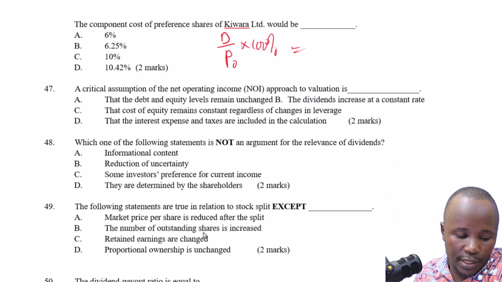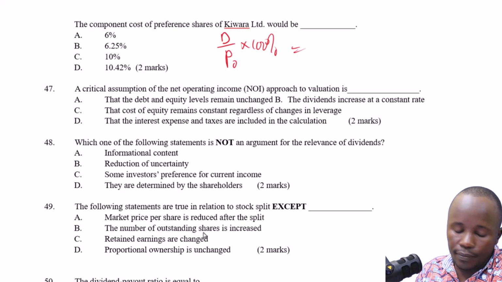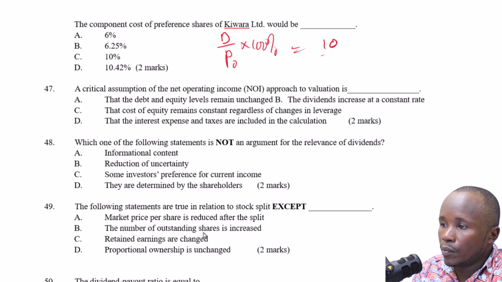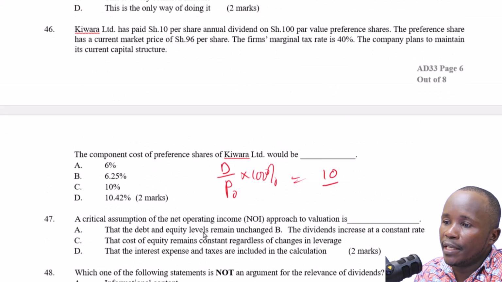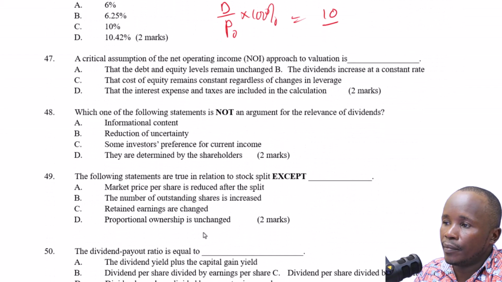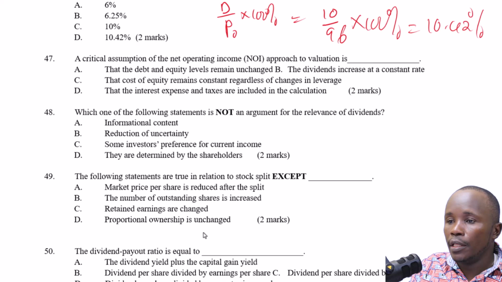That means 10 is the dividends, and the market price is 96. Divided and times 100%, this will give you 10.42%.